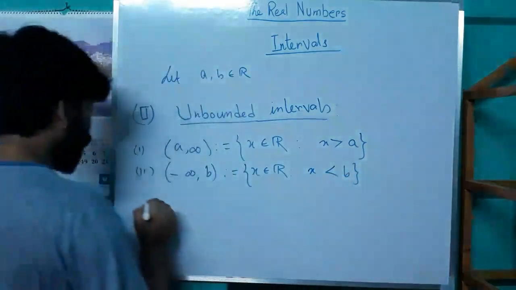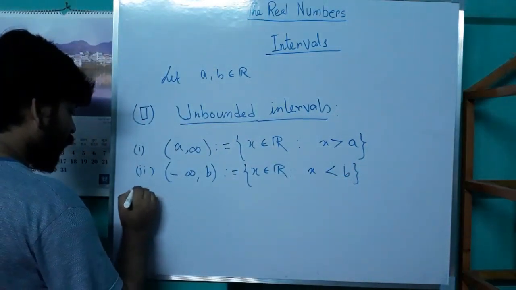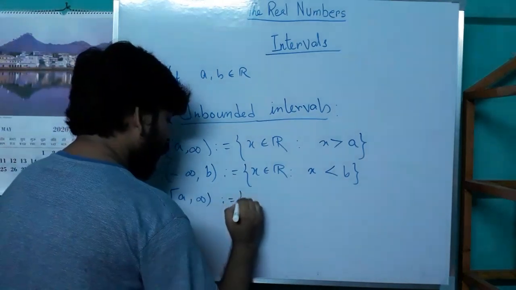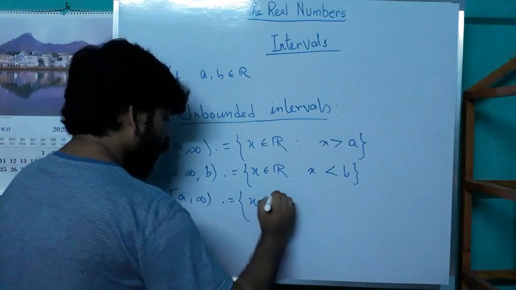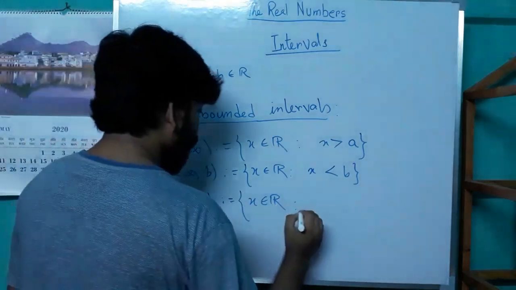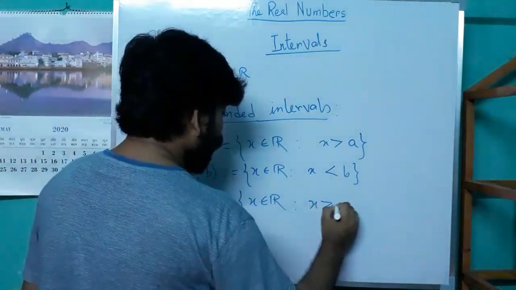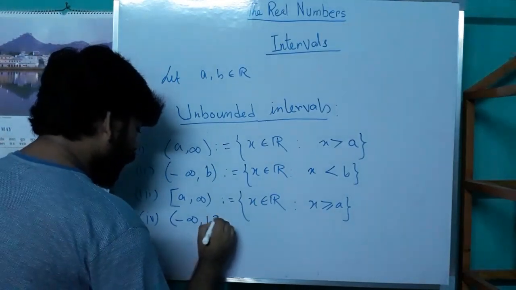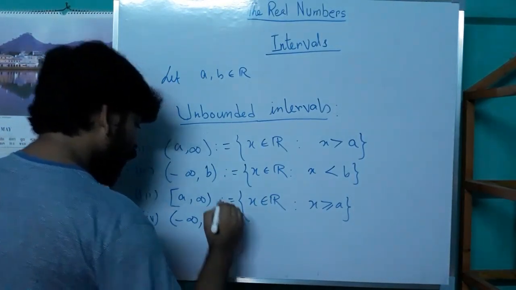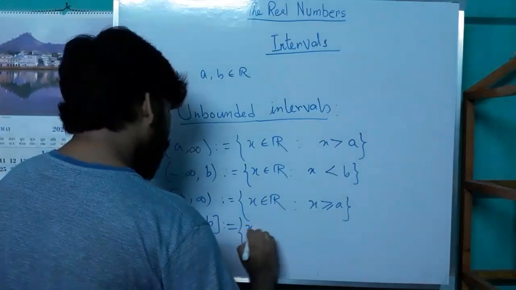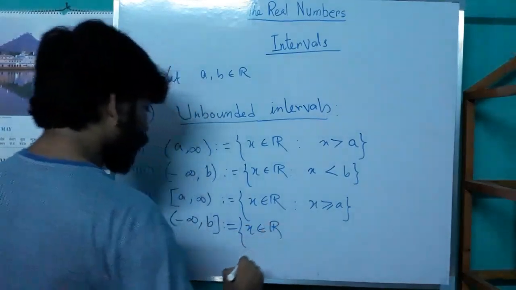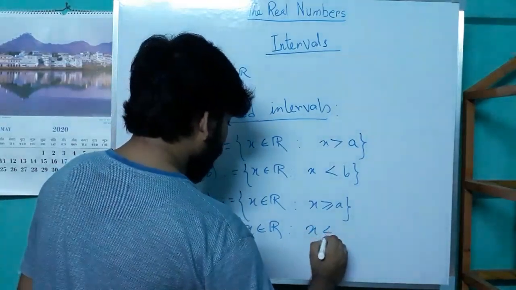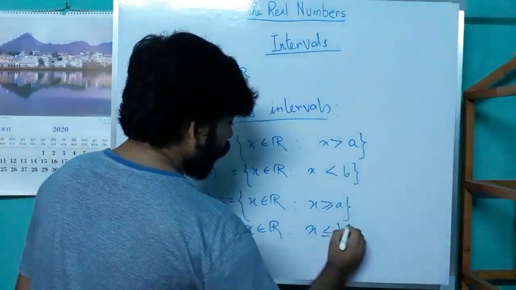Next we define the infinite closed interval. It is a collection of all real numbers such that x is greater than or equal to a. Another infinite closed interval is a collection of all real numbers such that those real numbers are less than or equal to b.